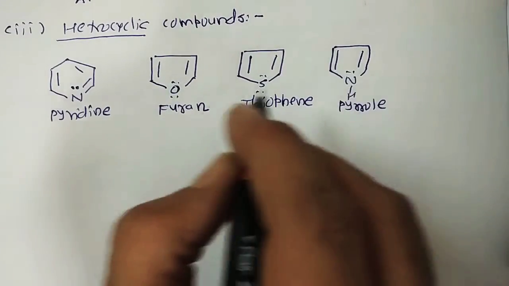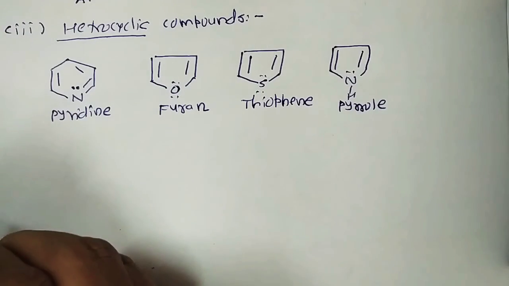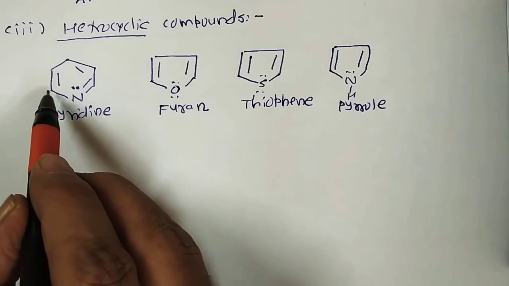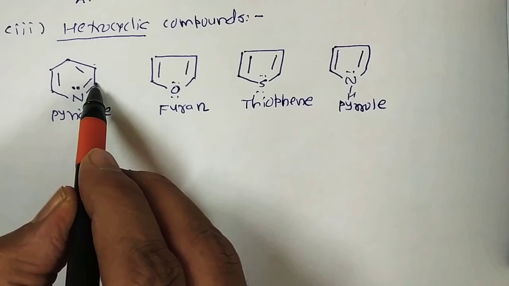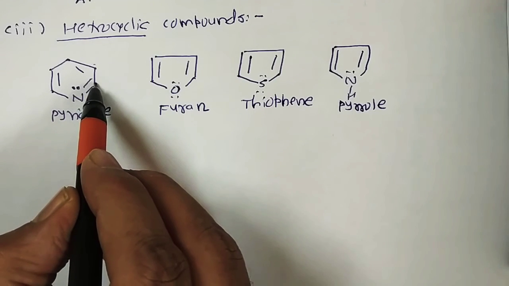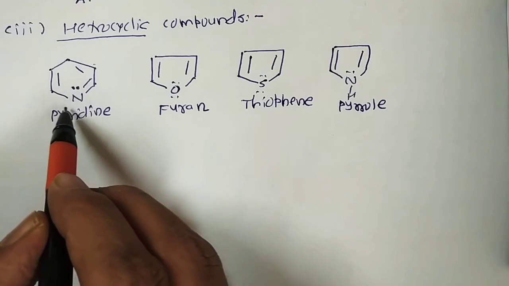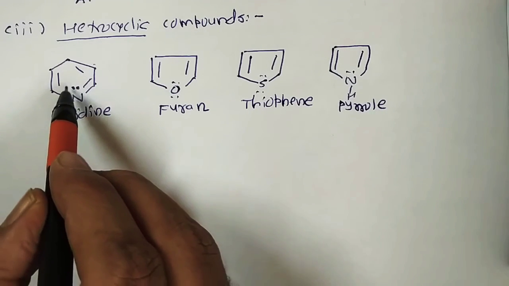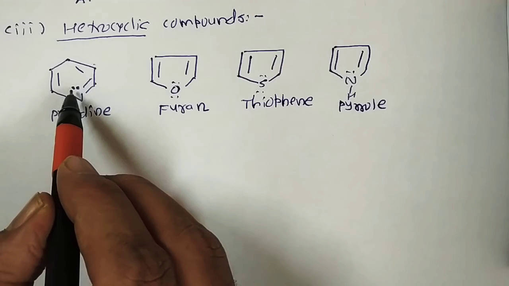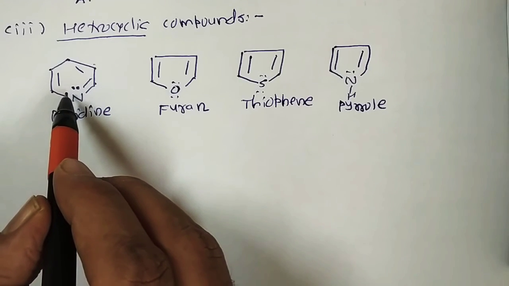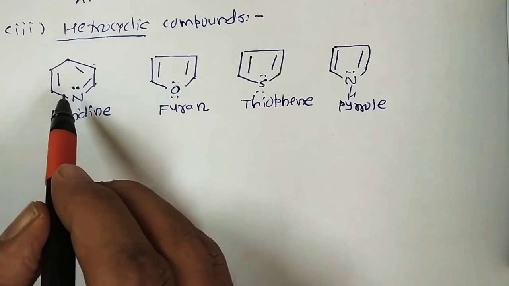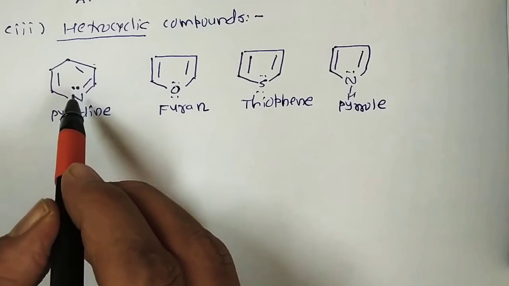So what did you observe in this pyridine compound? In pyridine, each of the 5 carbons, 1, 2, 3, 4, 5, is an sp2 hybridized carbon atom, and the sp2 hybridized nitrogen atom has a p orbital perpendicular to the plane of the ring. So each of these atoms contributes 1 pi electron, thereby producing a single cyclic pi cloud.